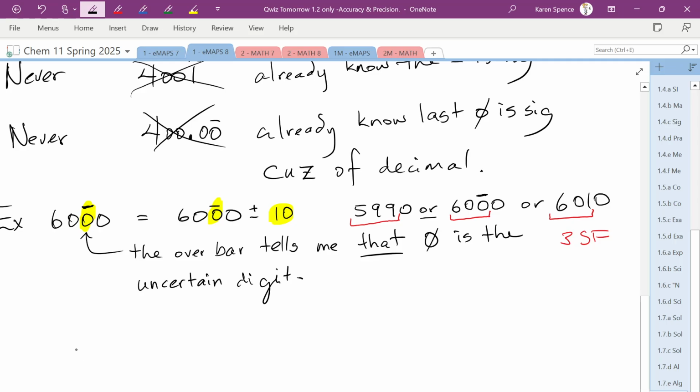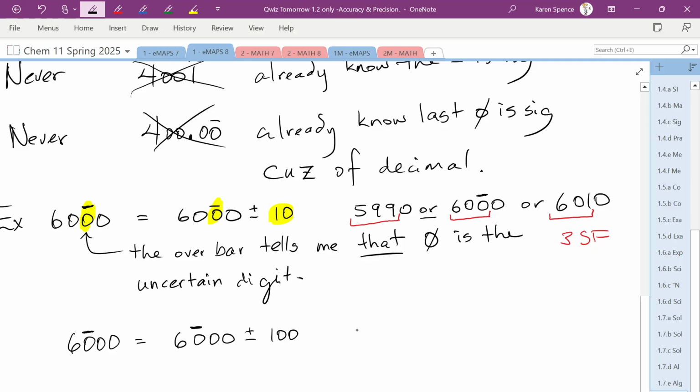If we write the number 6,000 and put the overbar here, what that tells us is that we have 6,000, not plus or minus 10, but now it is plus or minus how much? 100.